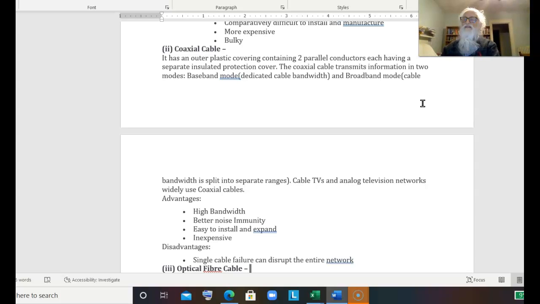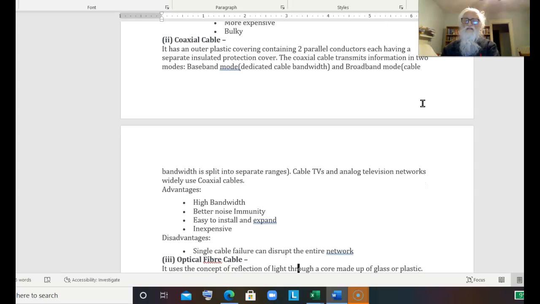Optical fiber cable. And you notice the word optical. I hope you know what that means. We're talking about glass. We're talking about using different forms of glass media to send information. It uses the reflection of light. And it could be plastic instead of glass.